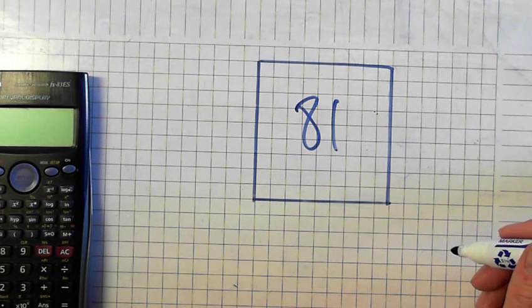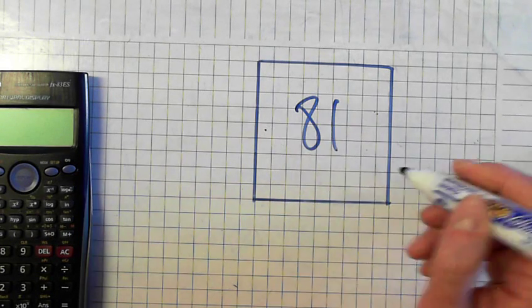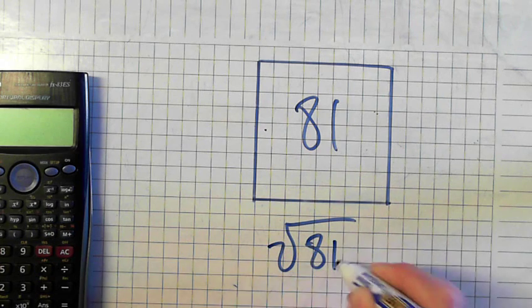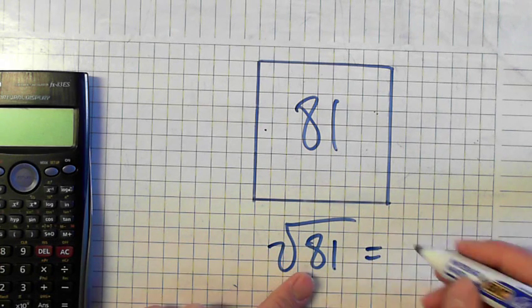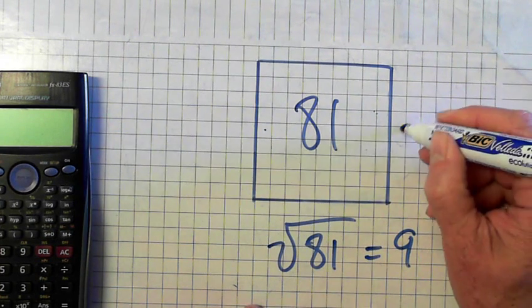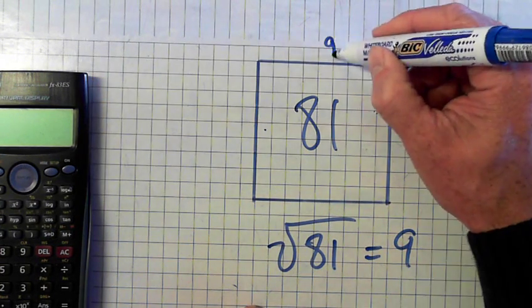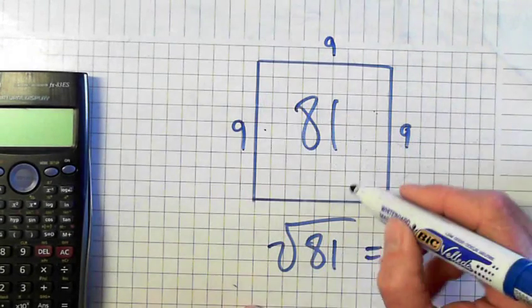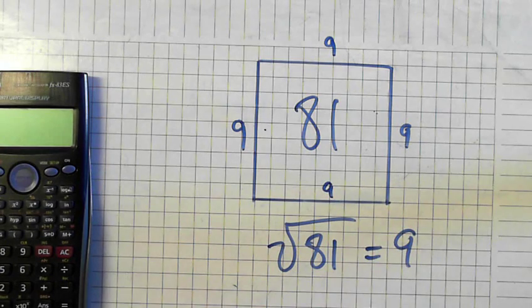That's a square, that's an area. So when I get the square root of 81, what the calculator is giving me is the number 9. And that means 9 is the length of one side of the square. Well, all the sides are 9 in length.